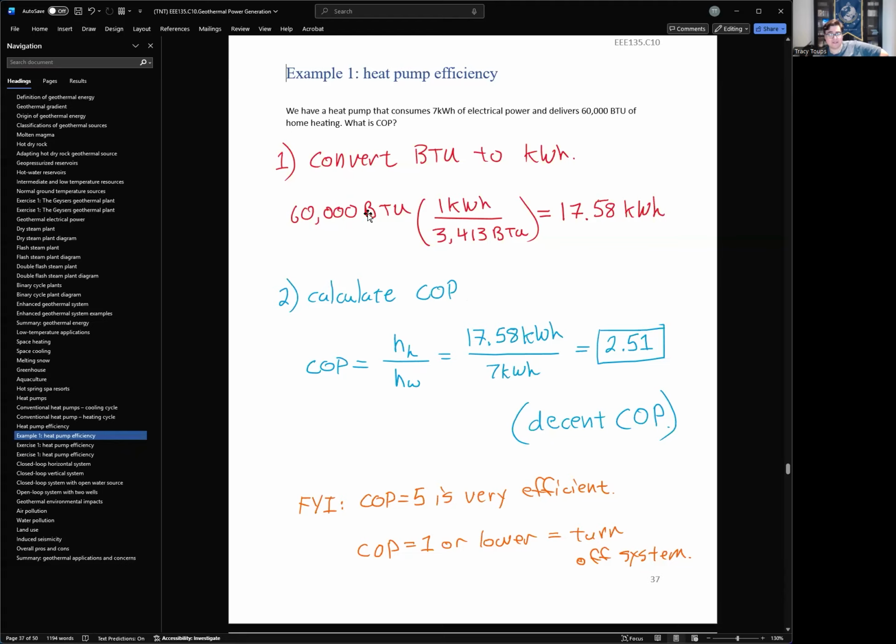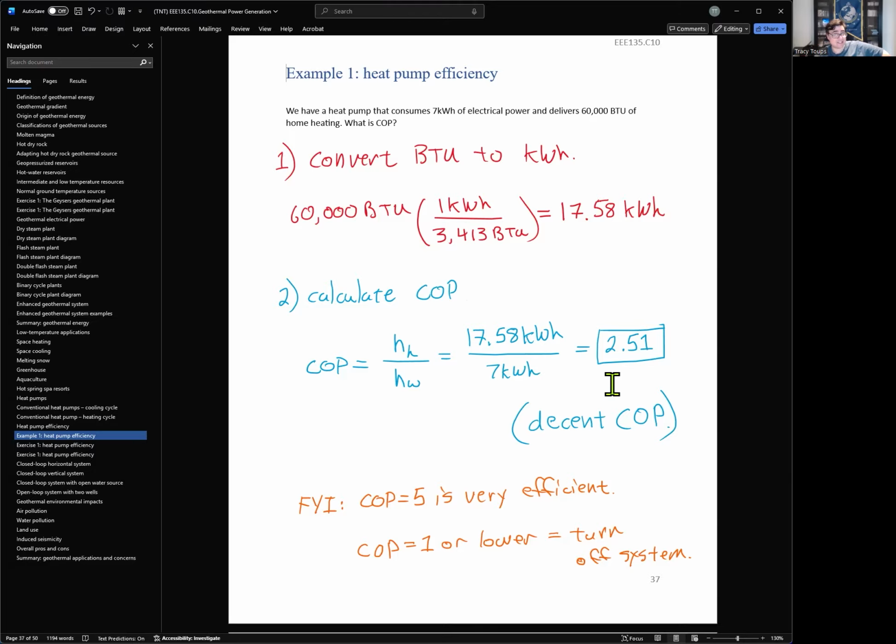So that's how much heating we're doing. Now let's calculate the COP. We got the heating into our home of 17.58 kilowatt hours, but the compressor took 7 kilowatt hours to operate. So our total gain is 2.51. Meaning I put in 7 kilowatt hours of electric energy, I got 250% return, or I got an extra 150% on top of what I used as home heating.